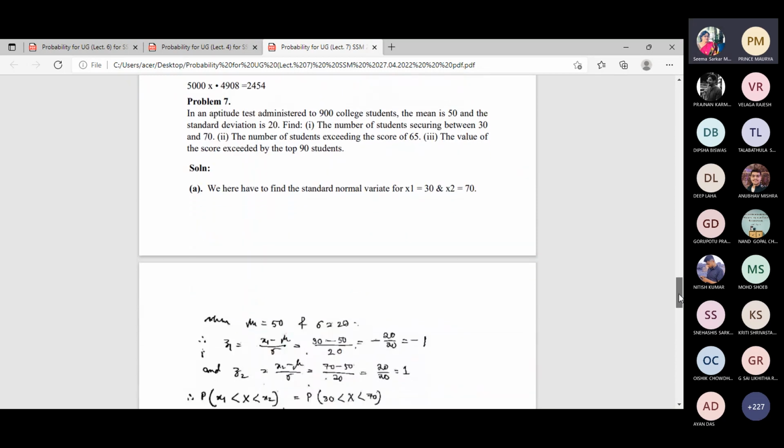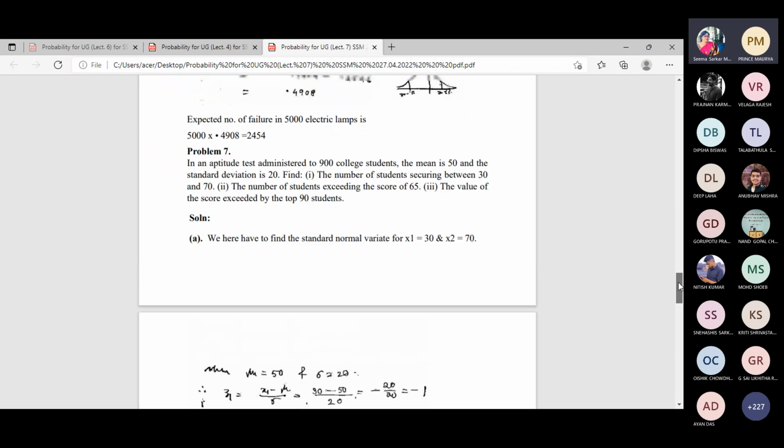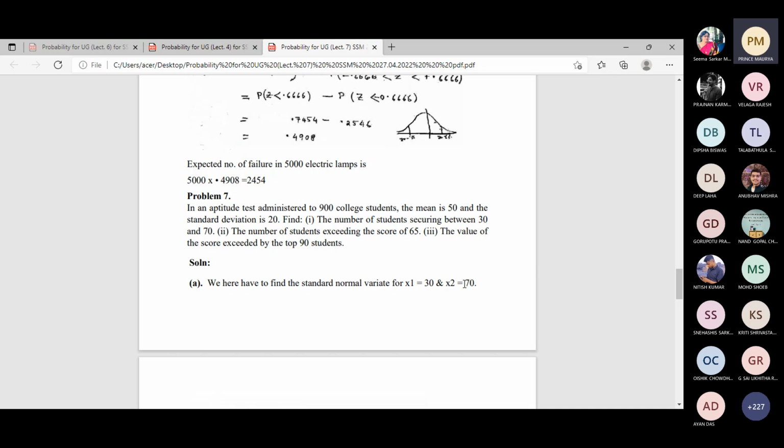Let us first do problem number 7. In an aptitude test administered to 900 college students, the mean is 50 and the standard deviation is 20. Then you have to find, there are 3 parts. First part, the number of students securing between 30 and 70 marks. You have to find the number of students who obtain marks between 30 and 70.